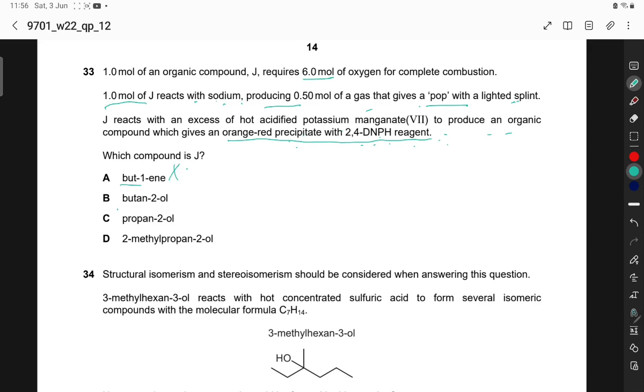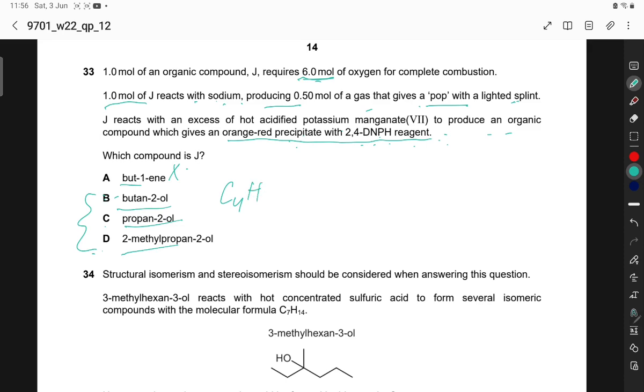So this is incorrect. Butan-2-ol, 2-methylpropan-2-ol, propan-2-ol, so the options will be B, C and D. Butan-2-ol, in complete combustion, has 6 moles.